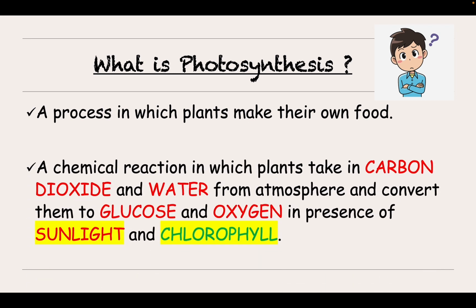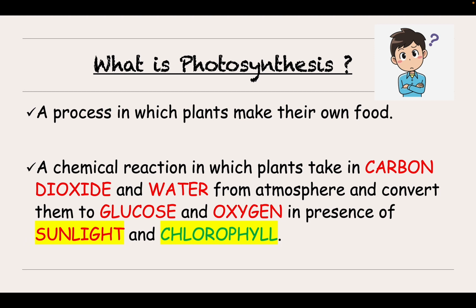It's a chemical reaction in which plants take in carbon dioxide. Where is the carbon dioxide? It is present in the atmosphere. Also, we exhale carbon dioxide. We give out carbon dioxide. Plants take carbon dioxide and water from the atmosphere and convert them to glucose and oxygen in presence of sunlight and chlorophyll.